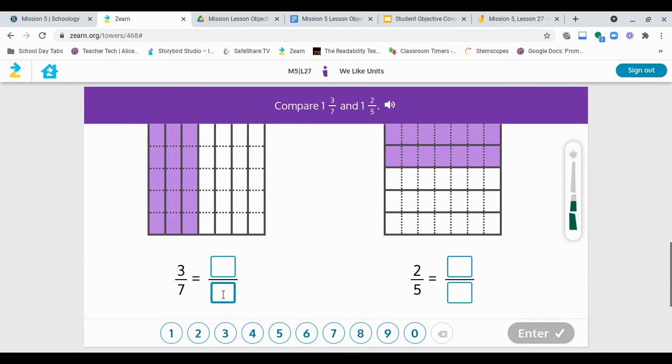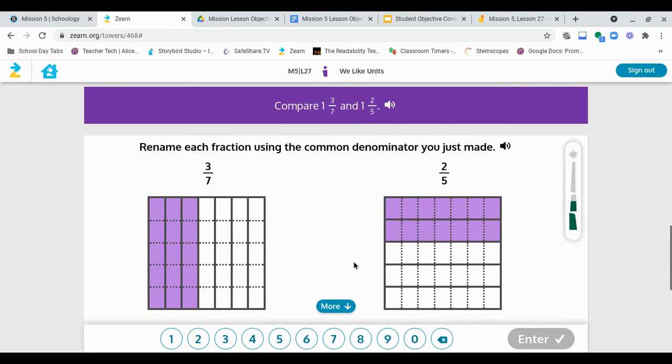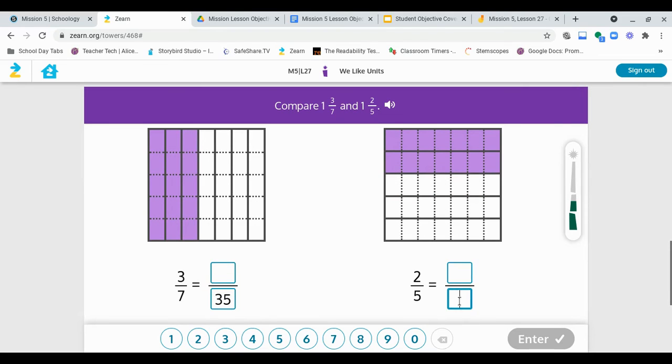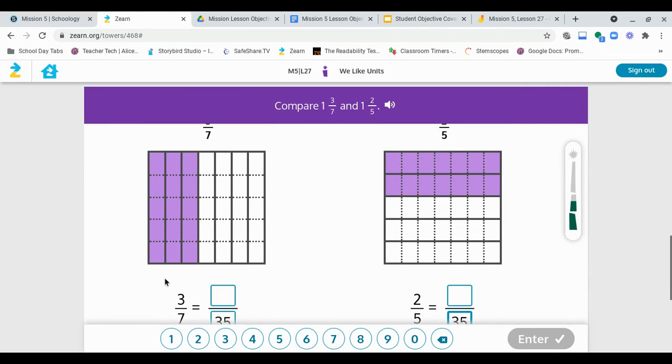So I have 35 total. Let's make sure I have 35 over here as well. 7, 14, 21, 28, 35. So I also have 35ths here. That's good, because I want them to be the same.